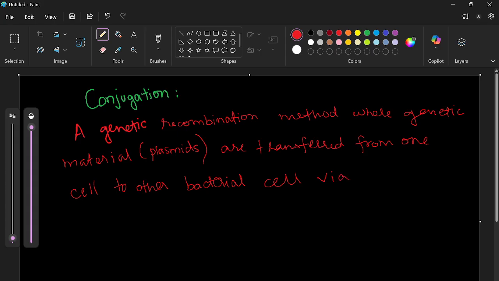So this is a very important point which distinguishes conjugation from other genetic recombination processes occurring in the bacterial cells.